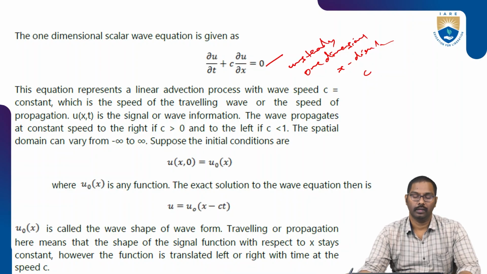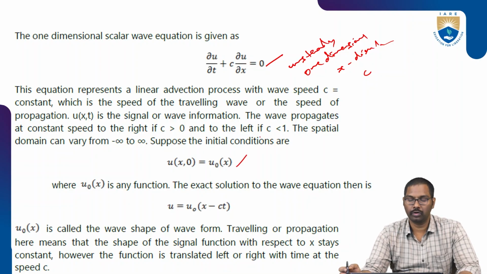The domain is taken from minus infinity to infinity, or we can define our preferred domain for the given problem. The initial condition of this wave propagation is u(x, 0) = u0(x).